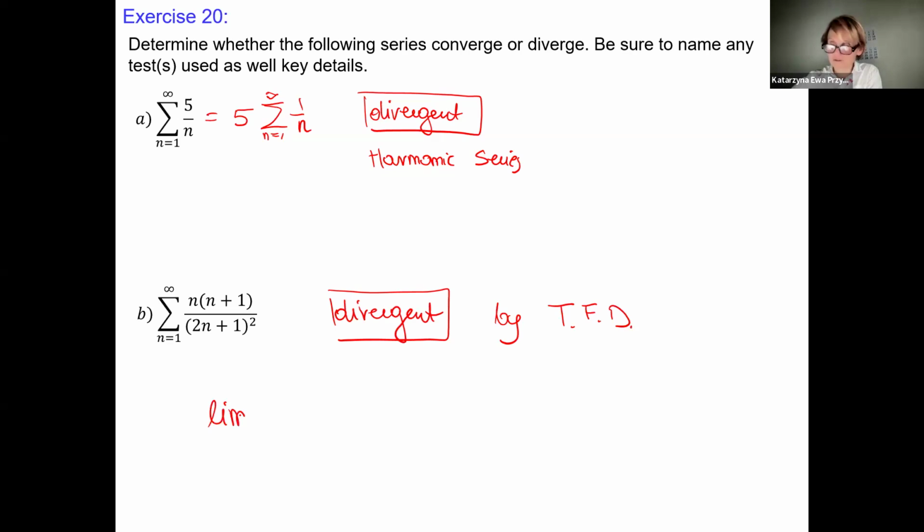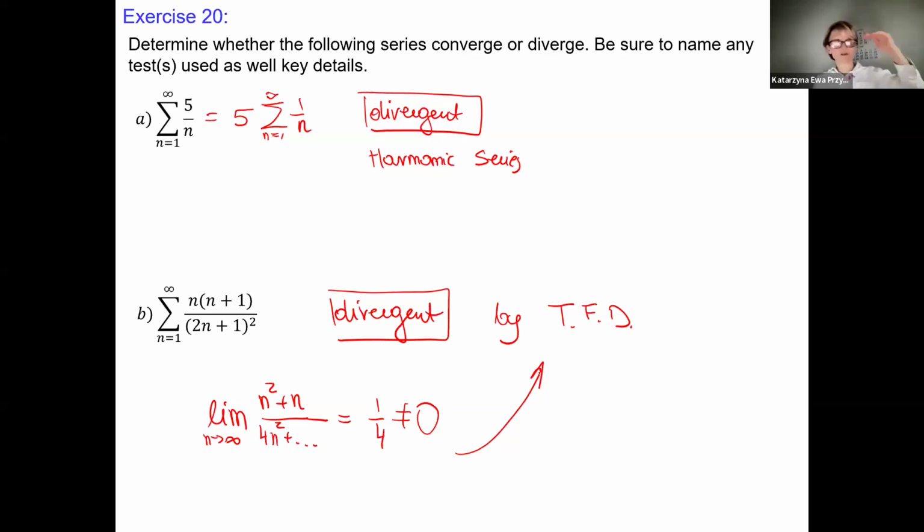Thank you, because what is the limit at infinity of the sequence? 4n squared, and I don't even need to do this. 1/4, thank you, different than 0. If the limit is different than 0, test for divergence. Good. Really good. Okay, that means 1/4 doesn't indicate convergence. The sequence is convergent, but not the summation of those terms.